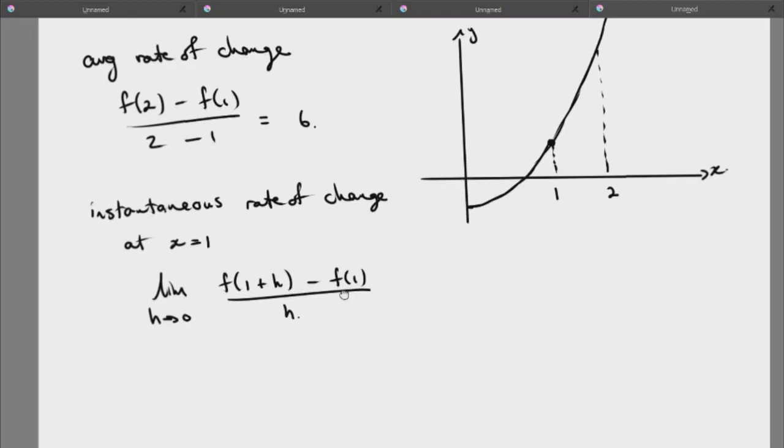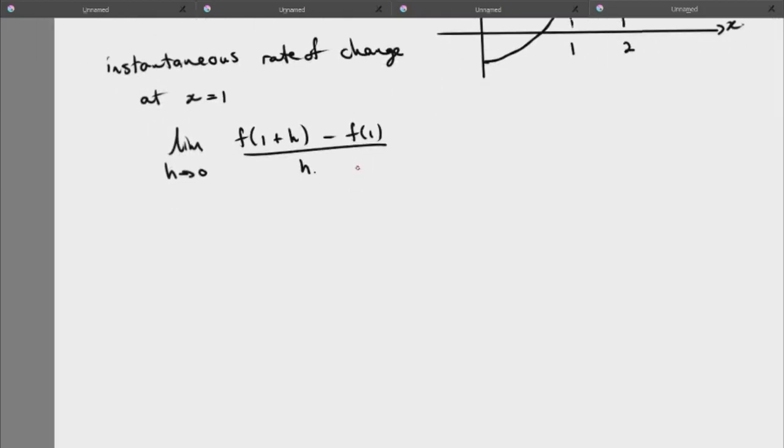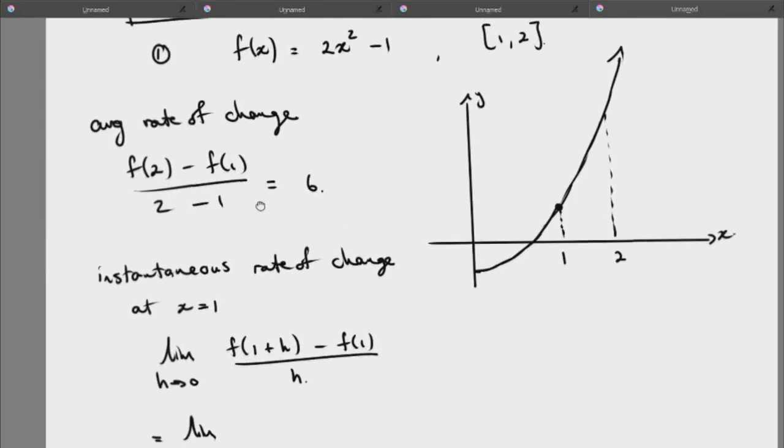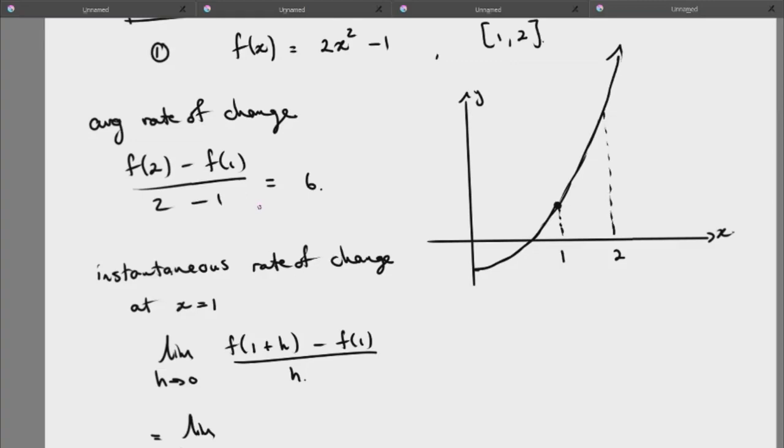Okay, so the first thing I want to do here is simplify by using what the function is. So my function is, can I zoom out? Yeah, I can see them both, yeah. My function is 2x squared plus 1. If my input now is 1 plus h, that goes wherever x goes.